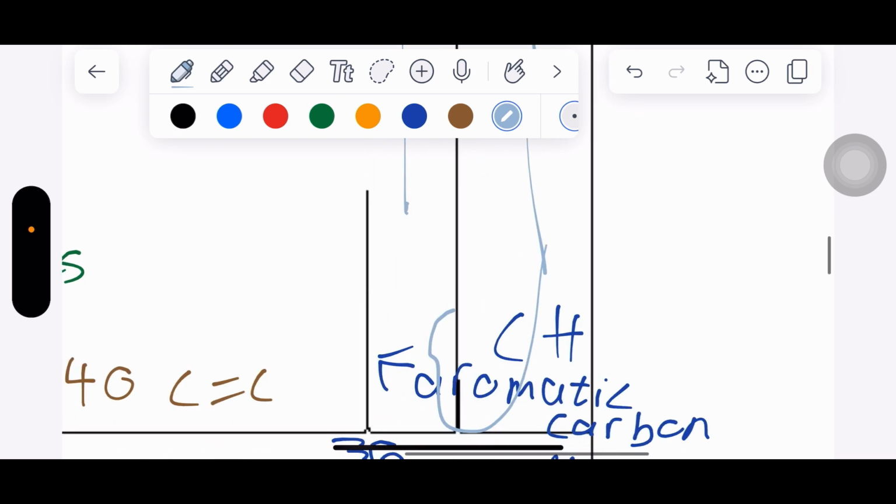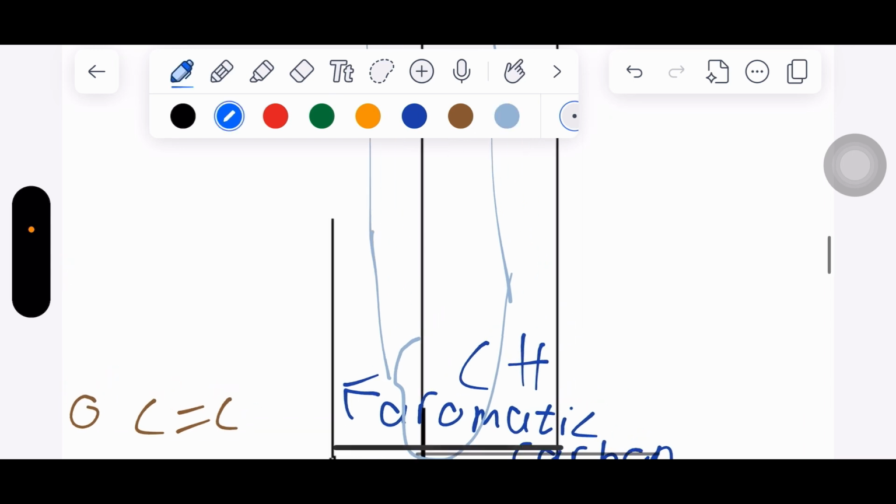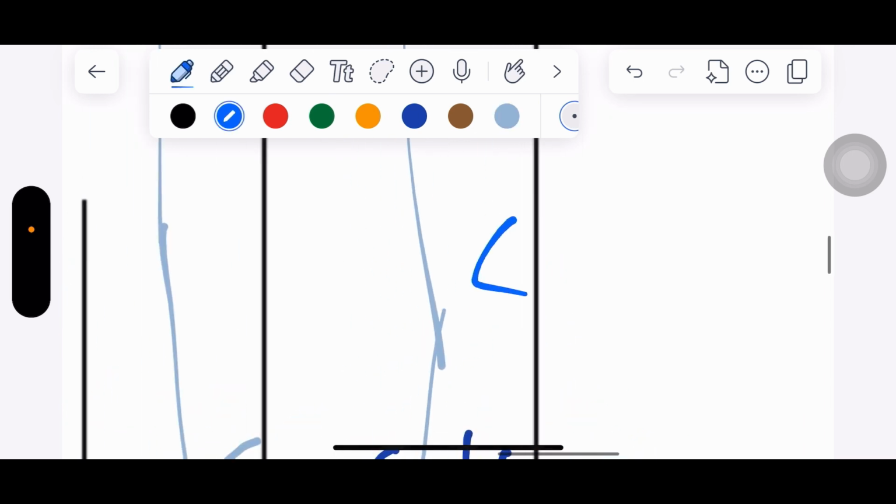This big one right here. This is around 20. It has 2 equivalent methyl groups, appears as a single signal around 20, and they are in the same environment. And this one is the carbon attached to another carbon, which is aliphatic.